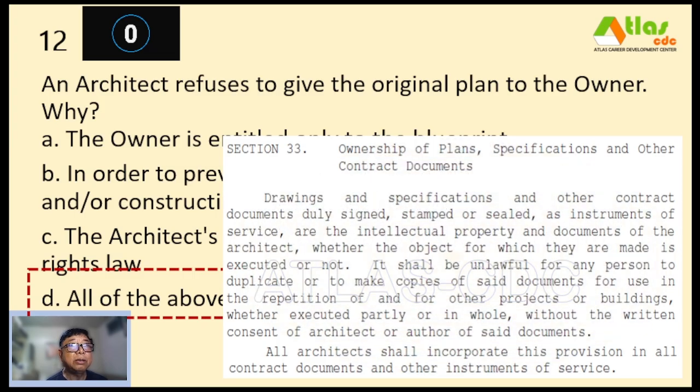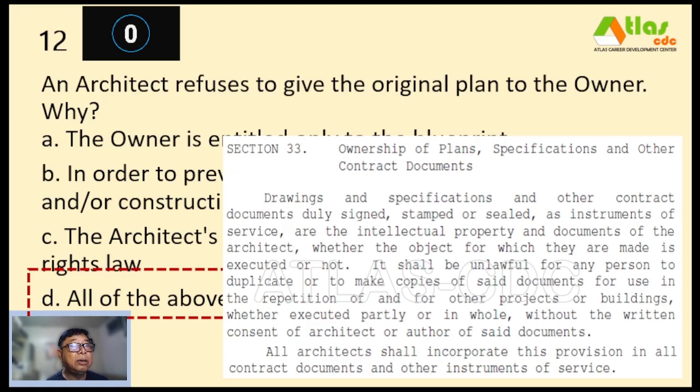Because according to Section 33, ownership of plan specification and other contract documents, the drawings, specifications, and other contract documents duly signed, stamped, or sealed as instruments of service, so these are the blueprints only, no?